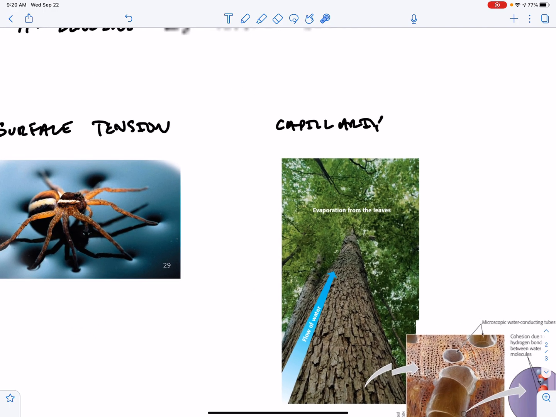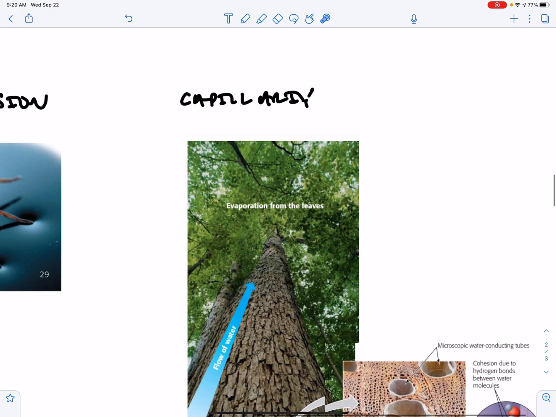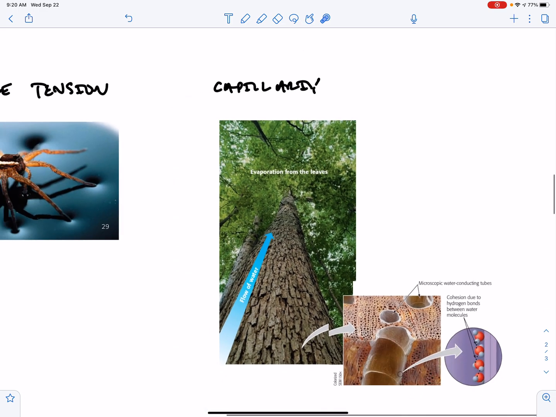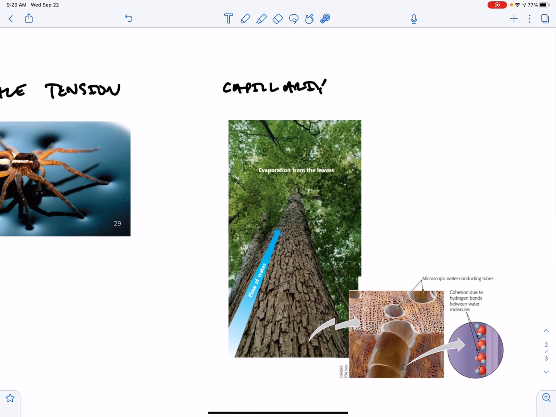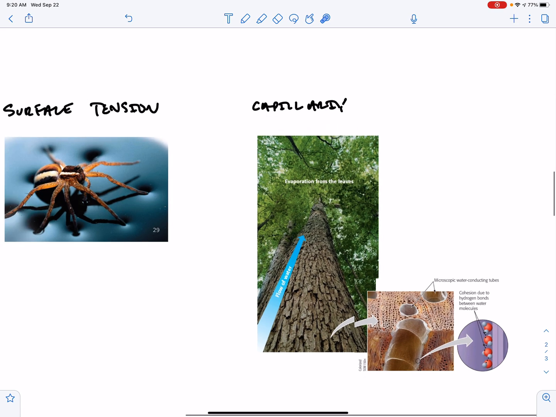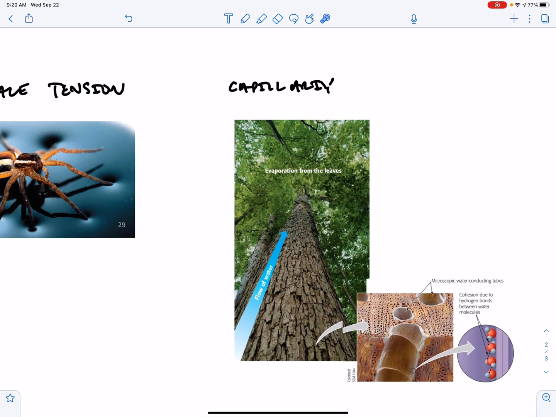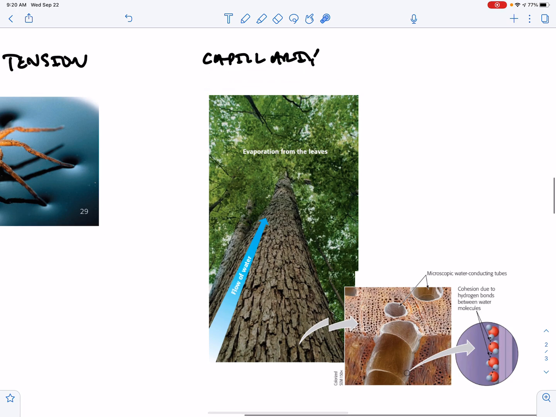Okay, and then last, we have capillarity, which is an example of cohesion and adhesion. So if you ever have wondered, how does water get from the roots of a tree up to the leaves? Here's the answer. It has to do with this property of water called capillarity. You might have heard of a capillary before in your body.